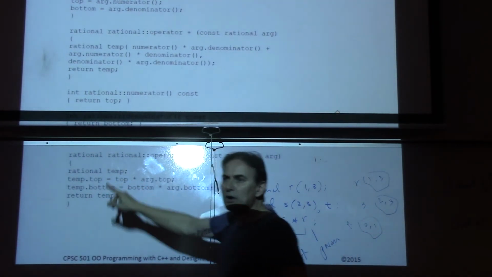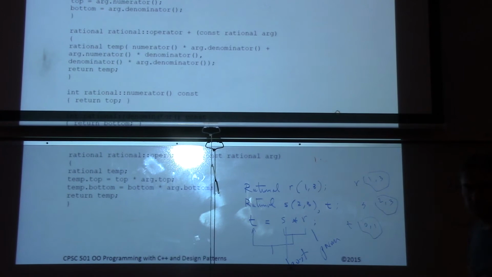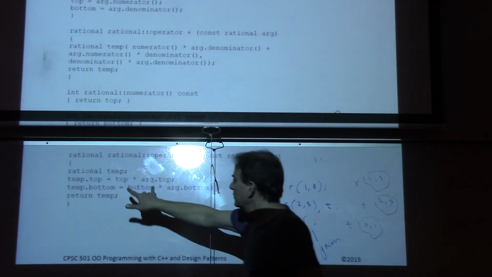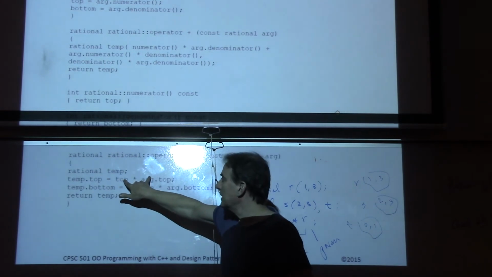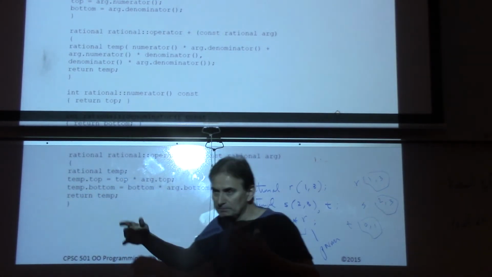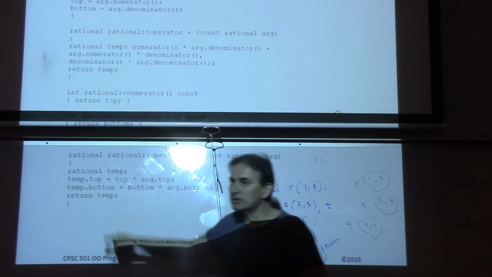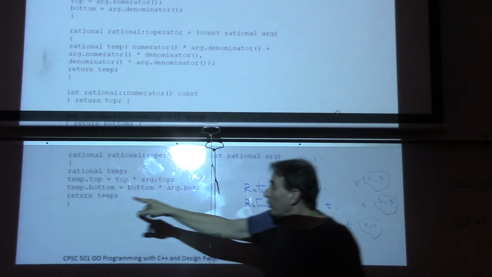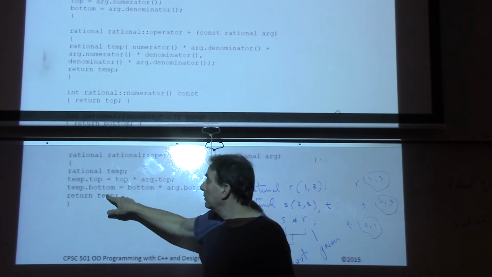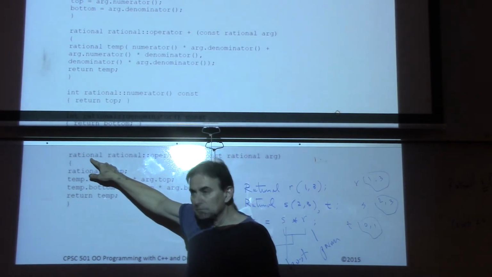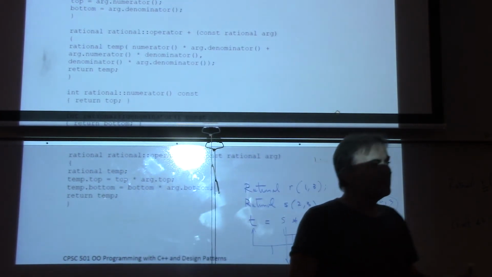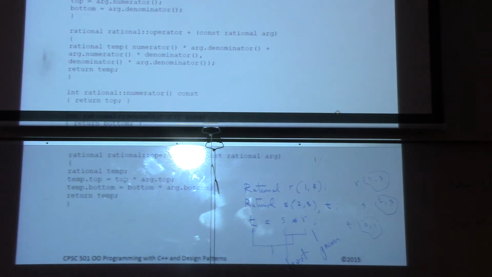Now here, we are executing a default constructor. Then we are doing some simple integer times integer equals integer, right? Again, same thing. Then we're saying return temp. When we return temp, we're returning a rational. Because we're returning it by value, we're doing a copy constructor.